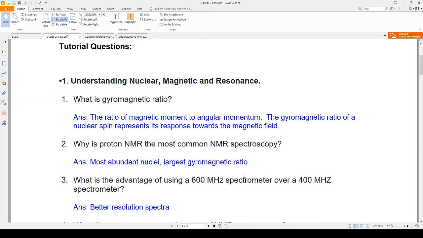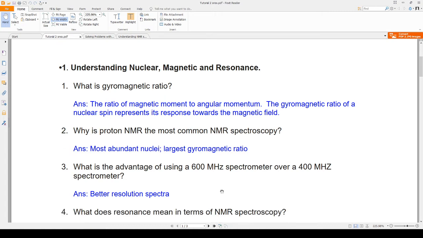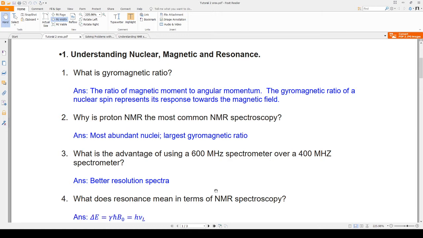The advantage of using 600 megahertz over 400 megahertz is, of course, better resolution. The spectrum looks more defined when compared to a low magnetic field.